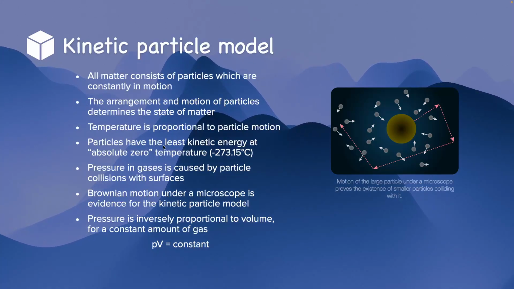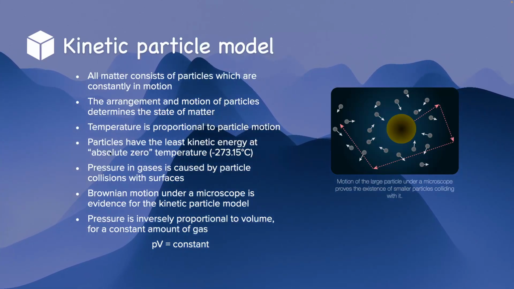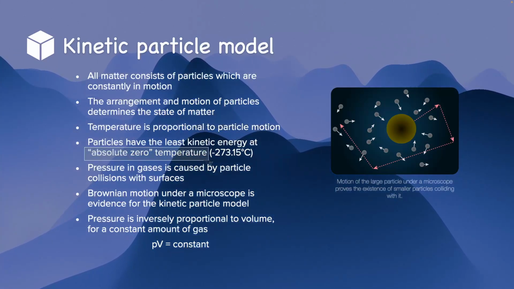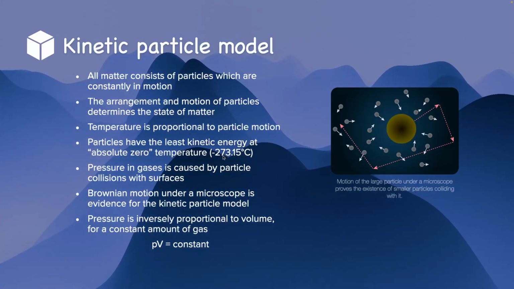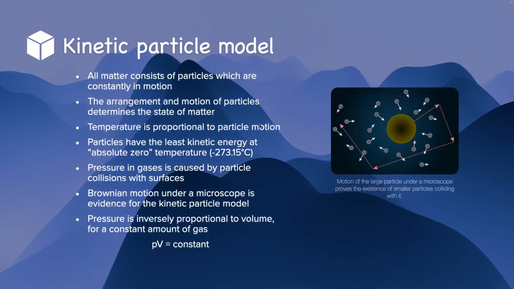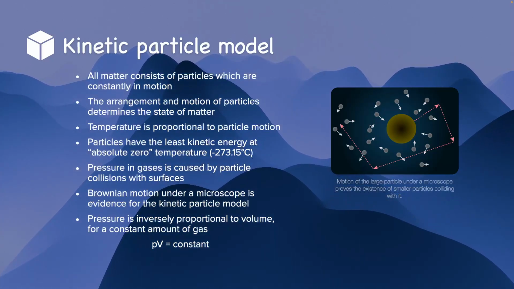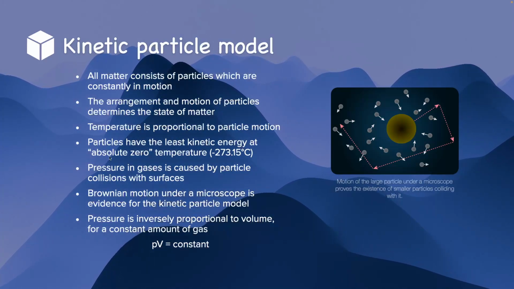This movement is least, and the kinetic energy within the particles is also least, when the temperature reaches absolute zero. And you have to remember this value of temperature, which is minus 273.15 degrees Celsius or 0 Kelvin. At this point, the particles have the least kinetic energy or velocity.